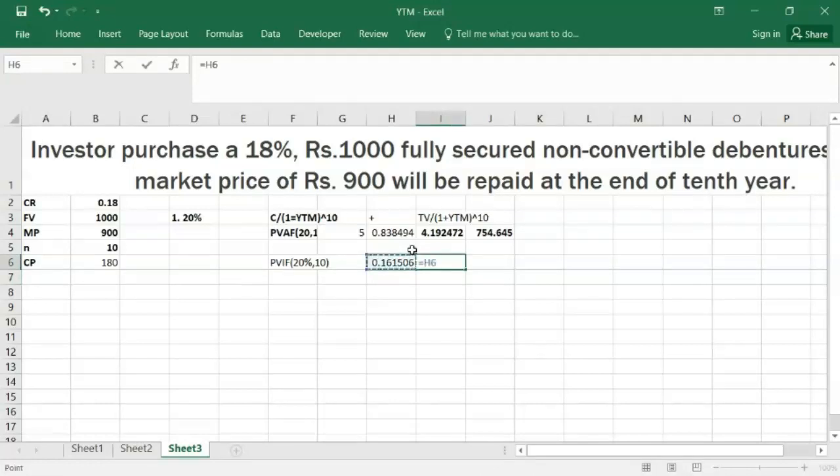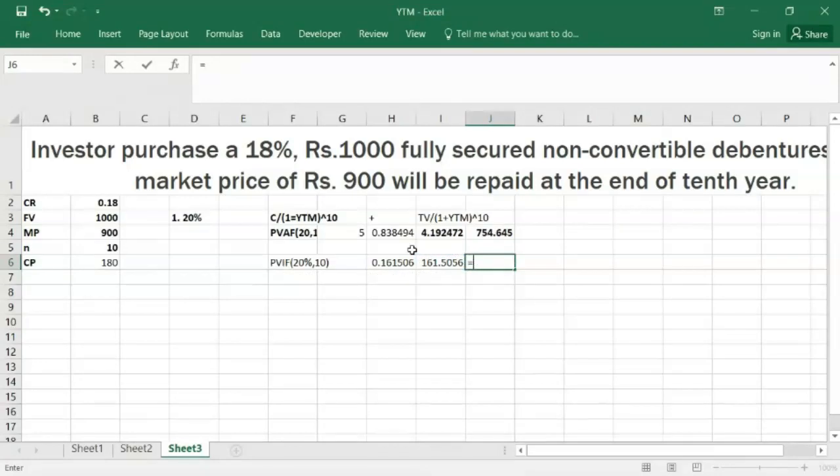So this present value interest factor is multiplied with the terminal value or the face value of the instrument, which is 1000 rupees. Hence, it is 161 rupees.